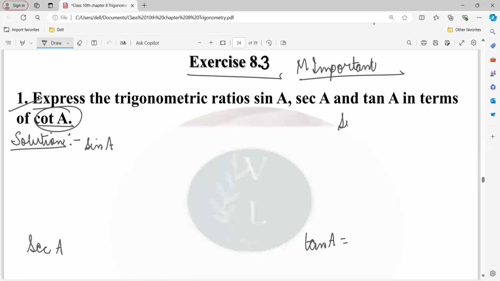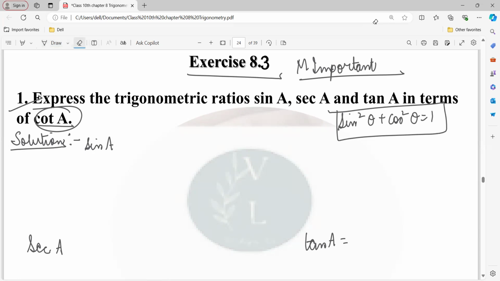The first identity is sine square theta plus cos square theta equals 1. Using one identity, we can derive the other two. We'll use the same three identities to find the values of sine, secant, and tan in terms of cot A. Let's see how we're going to use it.